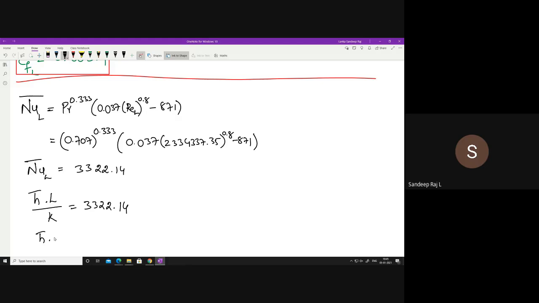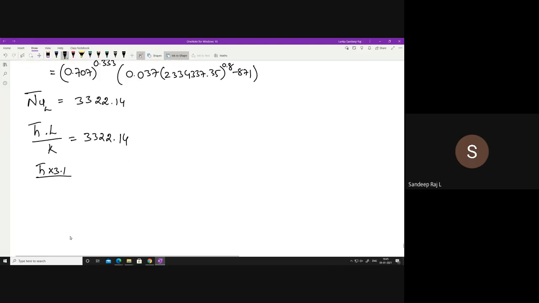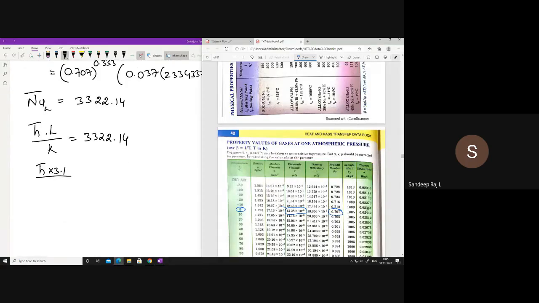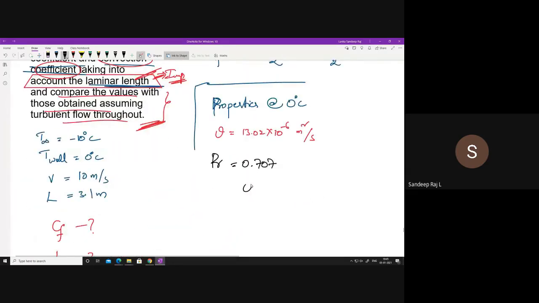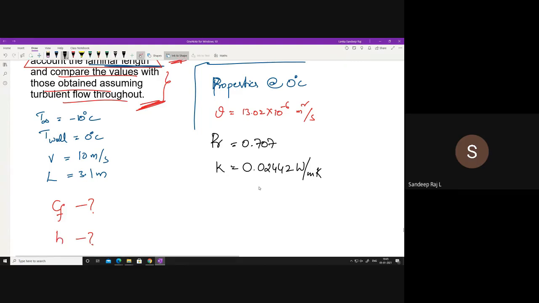It is 3.1, by the K value. You have to get it from the data book. So in your data book, the K value is 0.02442. That is your K value.